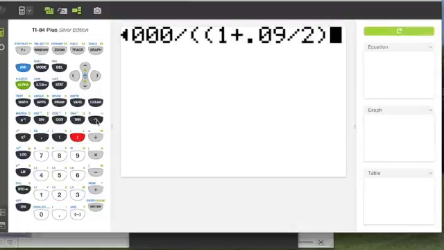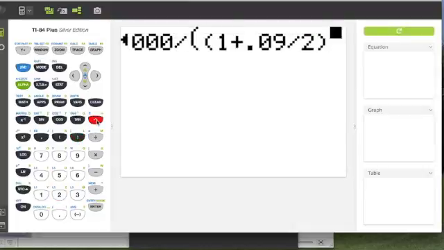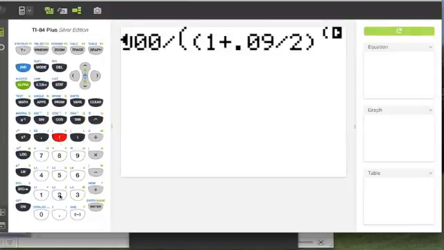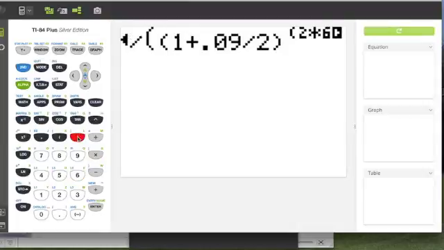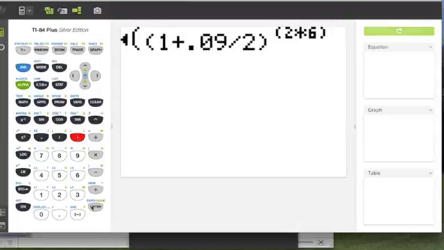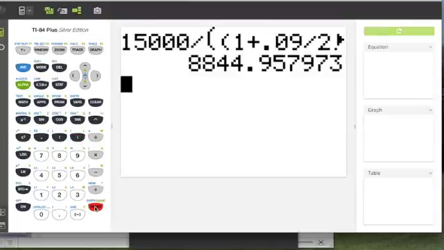Close the first parentheses. Now I'll raise it to the exponent, and this exponent will be 2 for semiannually times 6 years. And now we can calculate that. That's our $8,844.96.